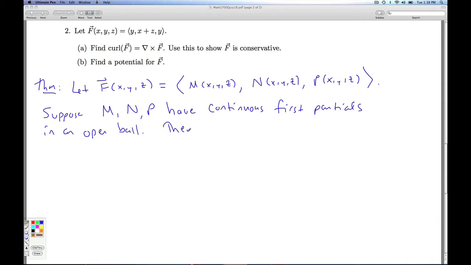Then we have a condition for conservative. F is conservative if and only if the curl of F is the zero vector for all points in the ball. So that's how we're going to show it's conservative.